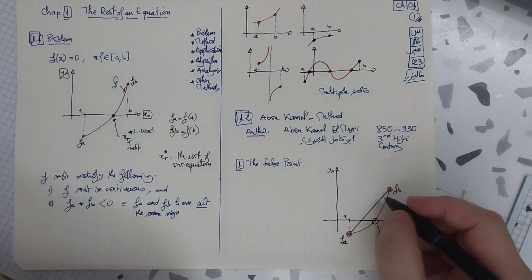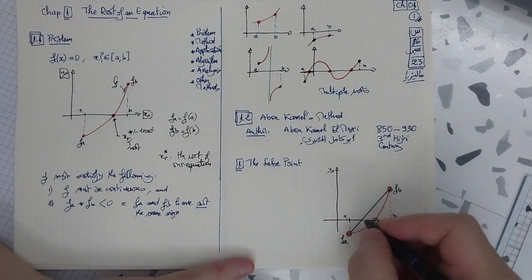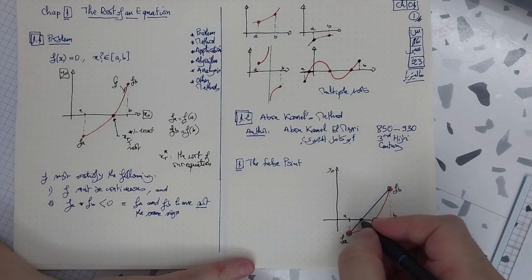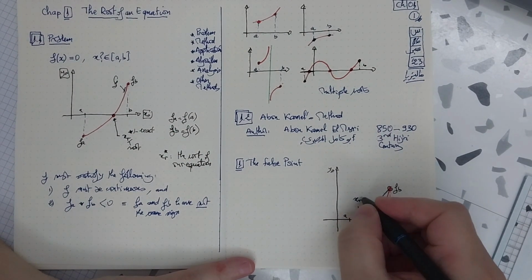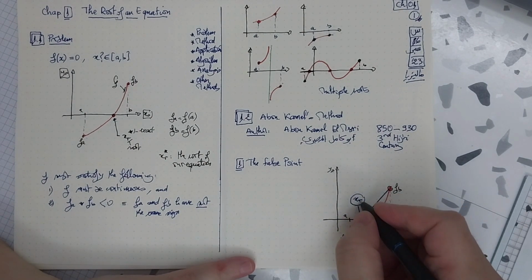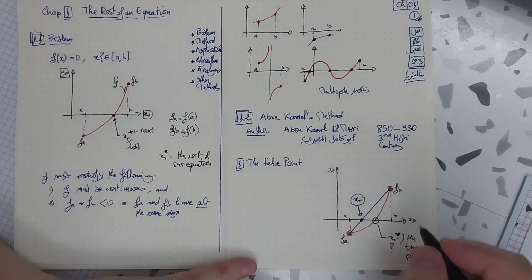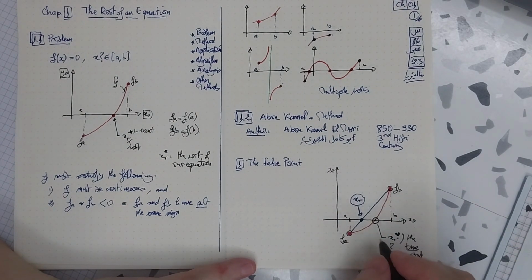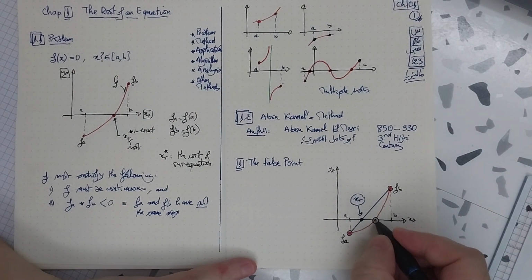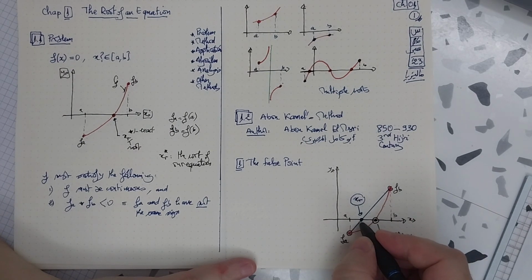And the intersection of this chord with the x-axis is the false point, is XR. Is the root, but it's not the root, it is a false root. And here is the true root. This is the true point, and this is the false point.